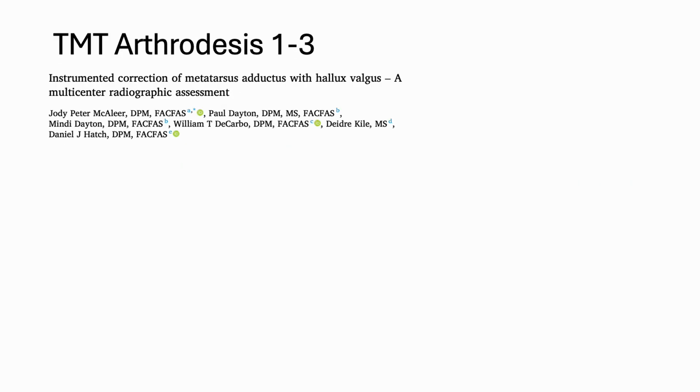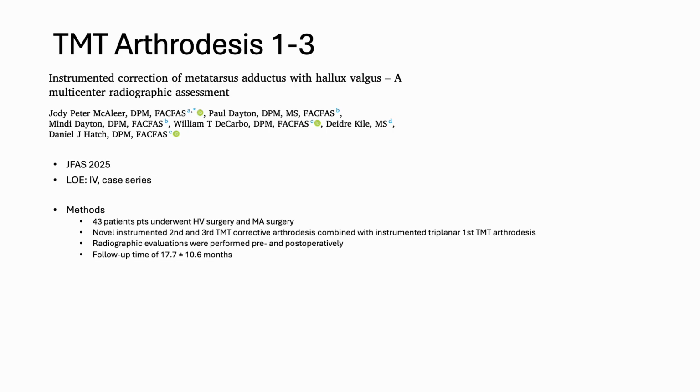Now, what is the evidence for the newer studies or maybe the newer techniques that are coming out? These guys, they created that plumb line paper, and they also have done a lot of work with adductoplasty and the tarsometatarsal joint fusions 1 through 3. So JFAS 2025 paper, level 4 case series. Basically, they had 43 patients that underwent hallux valgus surgery and metatarsus adductus surgery.